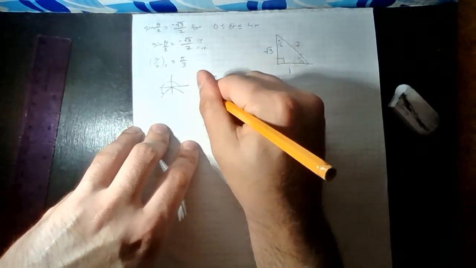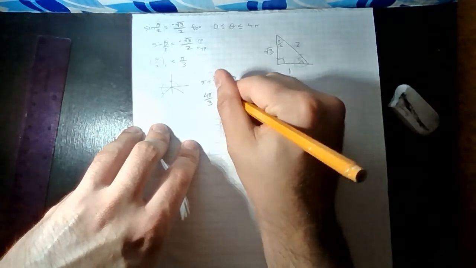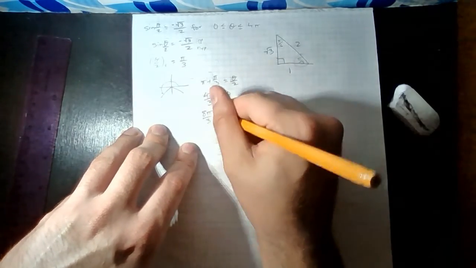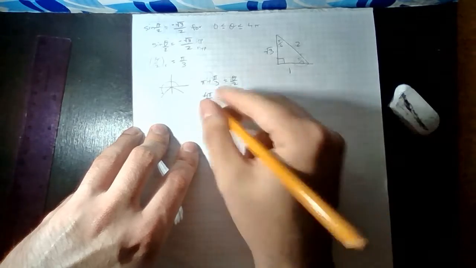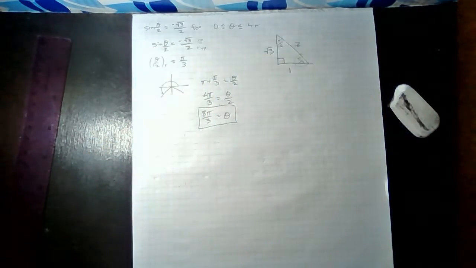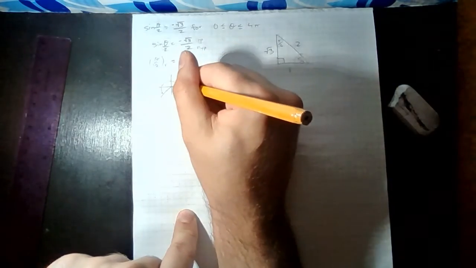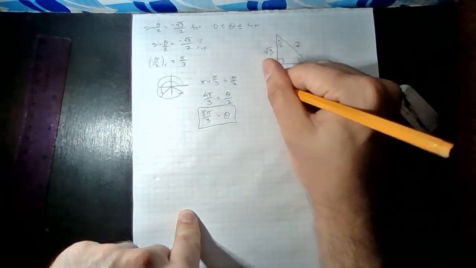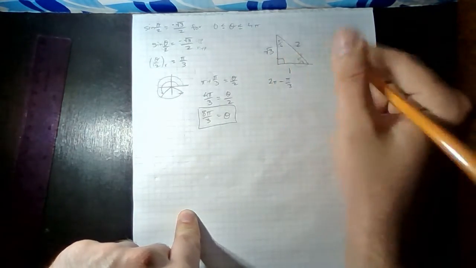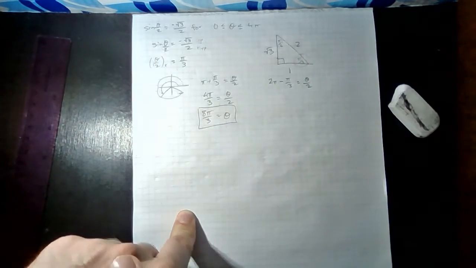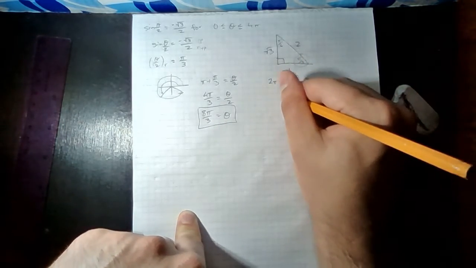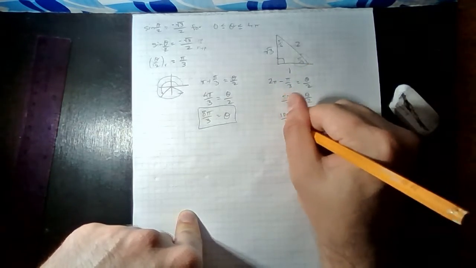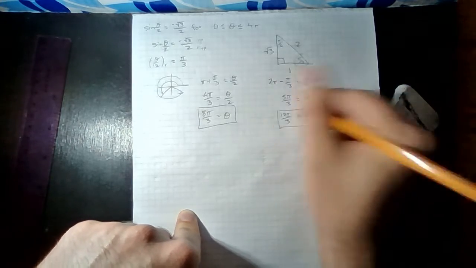So 4 pi over 3 equals theta over 2. Multiply both sides by 2, and we get 8 pi over 3 equals theta. And for our fourth quadrant, that is 2 pi minus pi over 3 equals theta over 2. So 5 pi over 3 equals theta over 2, and that would be 10 pi over 3 equals theta.